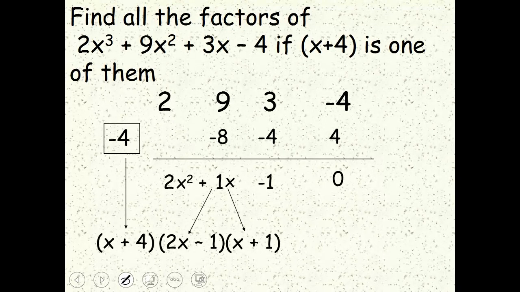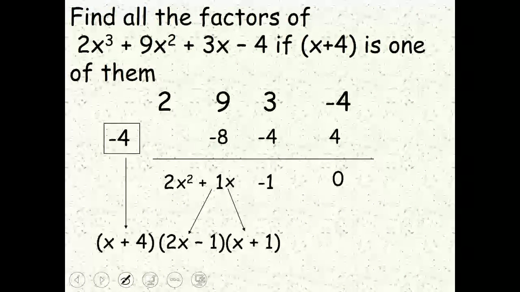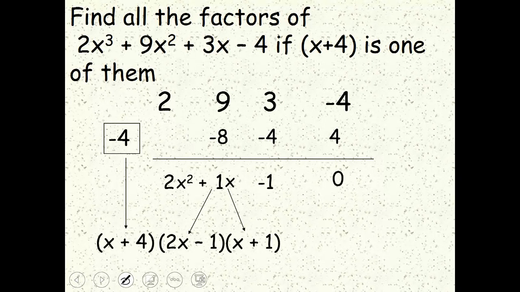Some people want to start back over at the beginning and look for other factors. That doesn't make any sense. If you were doing a prime factoring on a number, for instance, let's find all the prime factors of 20, right? You would say, oh, well, I know 2 goes into 20 10 times. You wouldn't start back up at the 20 if you wanted to look for more of them.